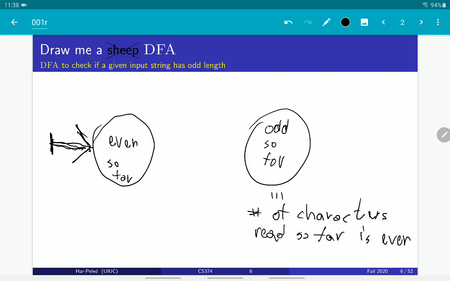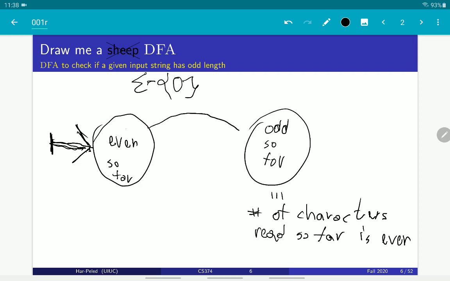Okay. And now what we have to do is to say what happens. Let's assume, for example, that we are walking over the most boring alphabet, which is just 0. So sigma is just the character 0. If we get the character 0 and we are in the even state, then we have to go to the odd state.